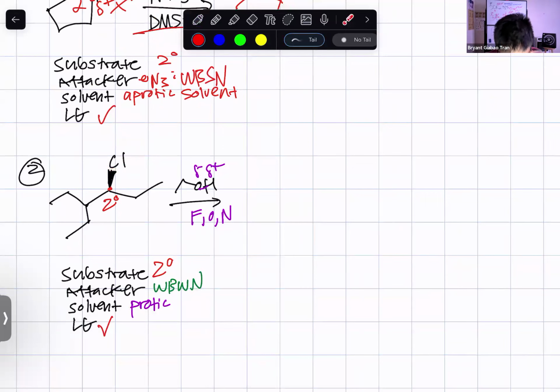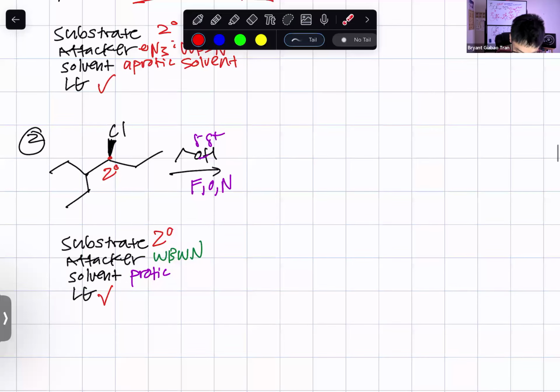So for SN1 and E1 mechanisms, what do you guys think is the first step that happens in the mechanism? What is the very first arrow that you're going to draw in the mechanism for SN1, E1? Yeah, get rid of the leaving group. So this good leaving group here is going to leave. And the reason why it's able to leave by itself is because of the protic solvent here.